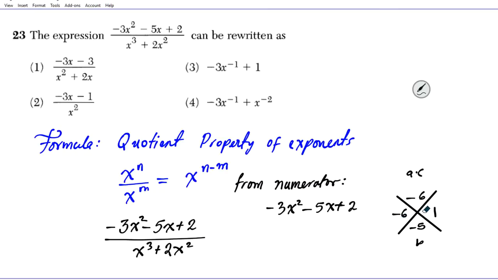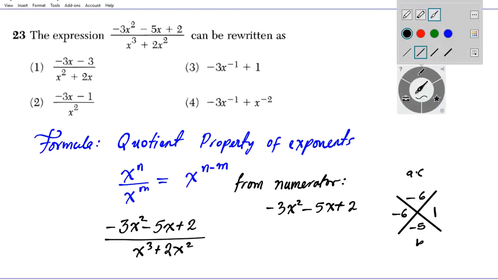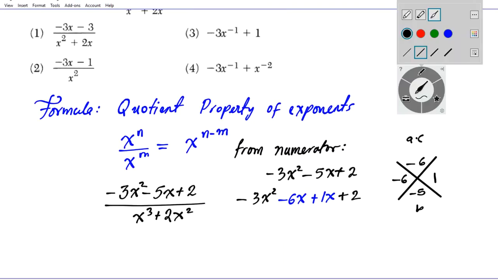So anytime you pick numbers, you will want to verify that they work. They do in this case, so we're going to have negative 3x squared. Now insert the numbers that you got from your x game. Negative 6x plus 1x, just append x's next to them, plus 2. Okay? Now we're going to factor by grouping.